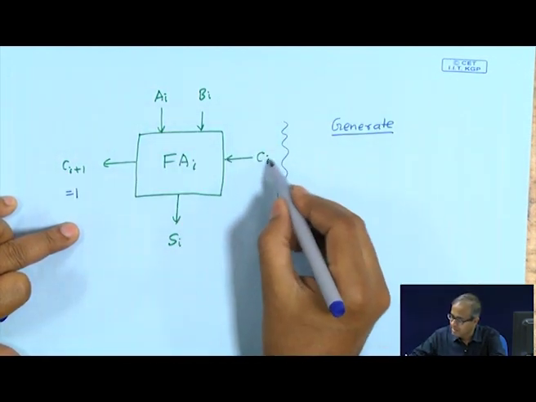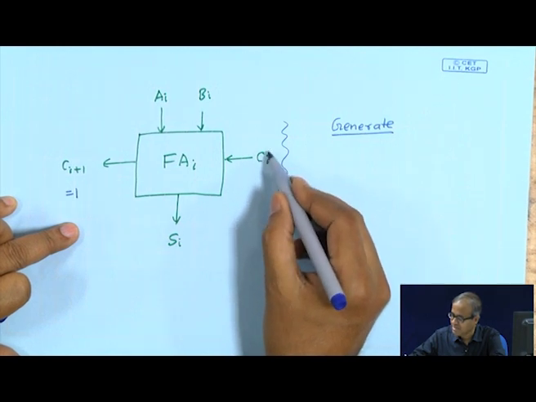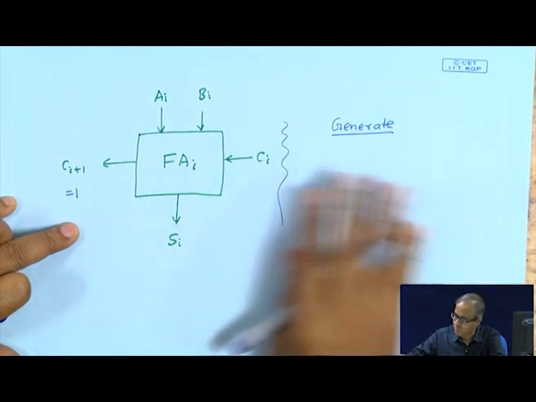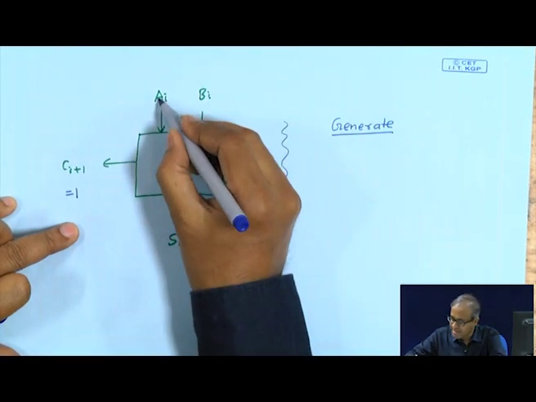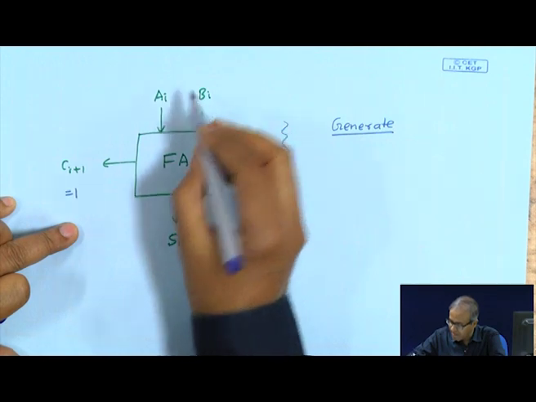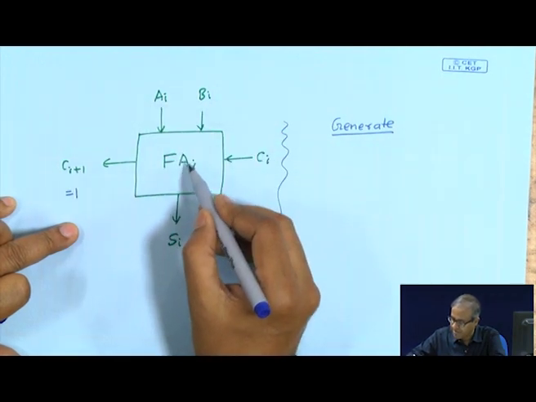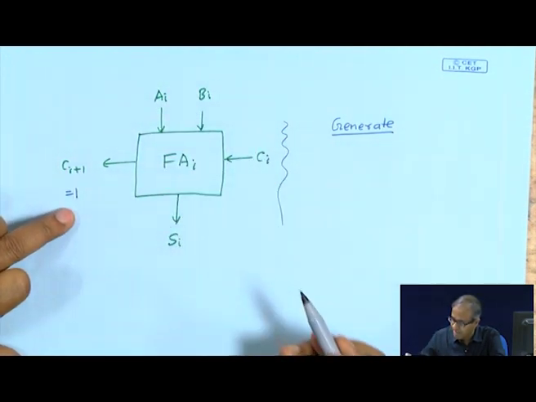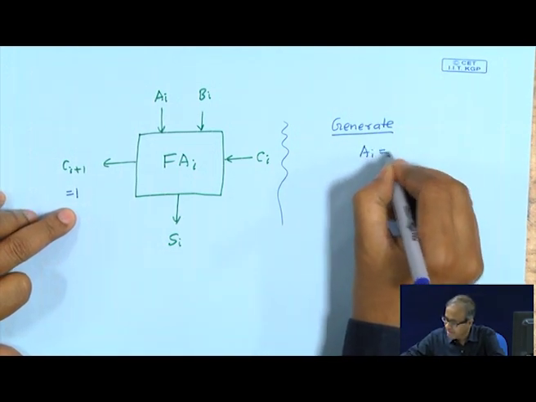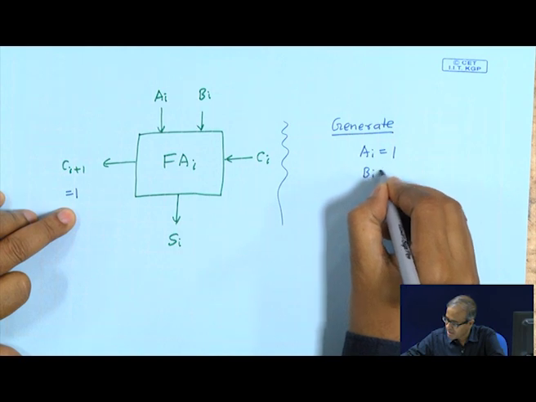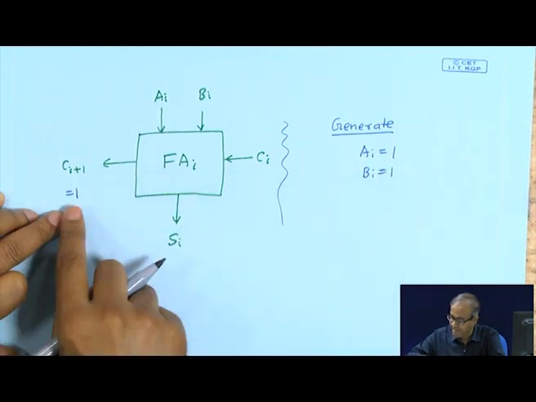So, I do not care what the value of ci is. Ci can be 0, ci can be 1, whatever, it depends on the previous stages. But ai and bi are the present inputs from the numbers which are coming. Can we tell something from that? Well, we can at least say one thing. If ai is 1 and bi is 1, then definitely there will be a carry out.